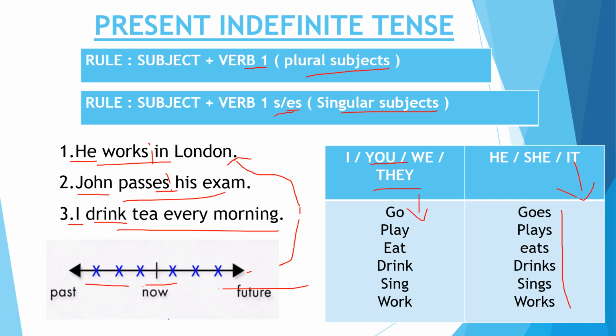So at present he is working in London. Now he is working in London. So it's not like he just started working. He might be working in London for some time, and he will work there for some time. So this is how the indefinite tense talks about an action which covers past, present and future.